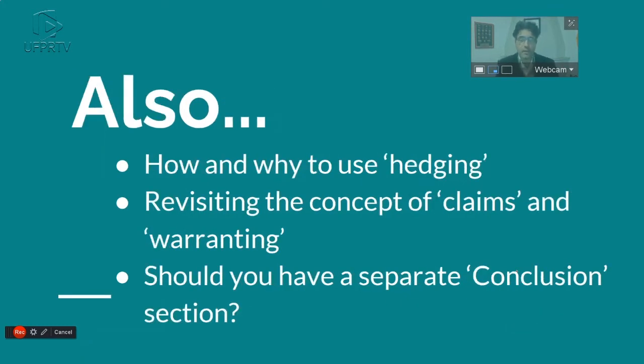Also, we're going to talk about a concept called hedging. We're going to revisit the idea of claims and warranting, which we talked about a long time ago. And again, should you separate out the conclusion section? So we have a lot to cover today, so we'll get right to it.